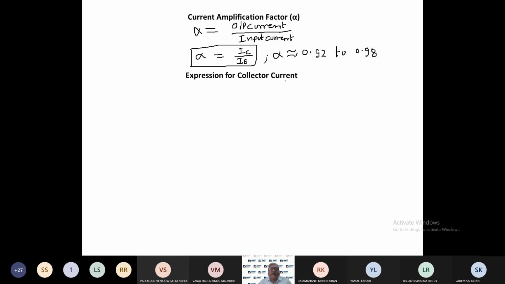Now, the expression of collector current in common base configuration.